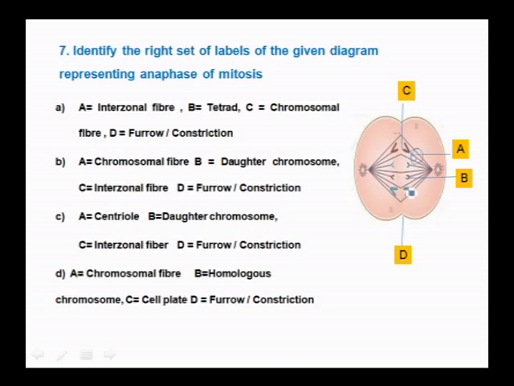Label B is indicating the daughter chromosomes here. Label C is indicating the fibers which are formed between the daughter chromosomes. They are referred to as interzonal fibers, which will push away the daughter chromosomes. And D is actually the furrow of constriction, or the initiation of cytokinesis. The right option for this question is B.